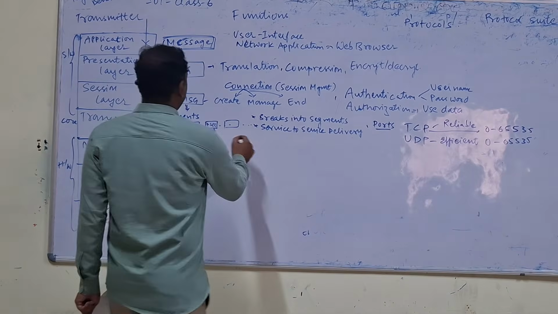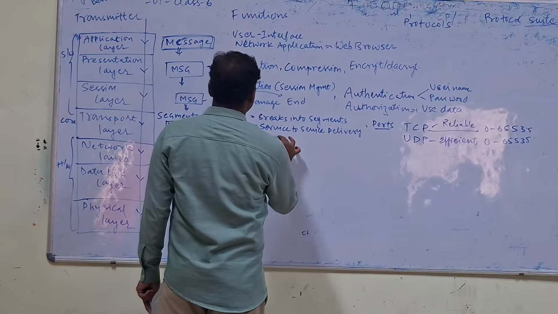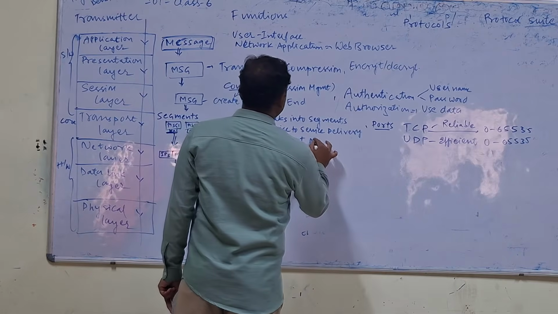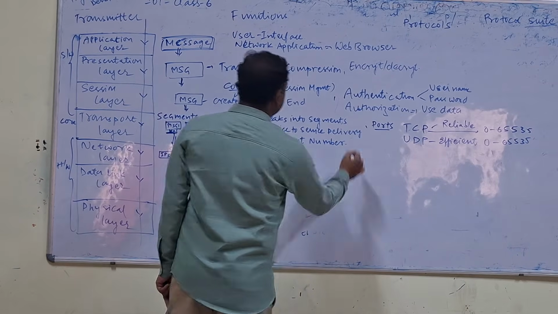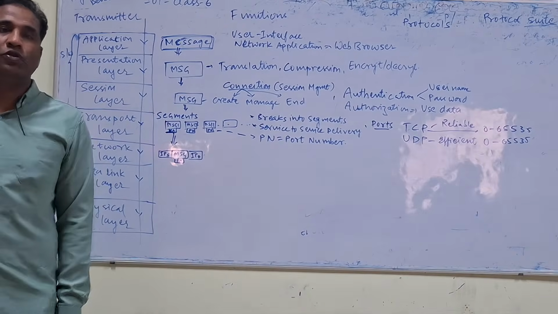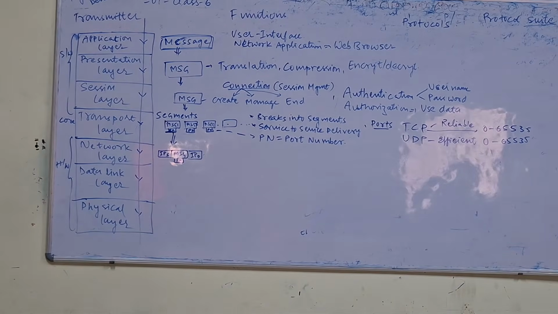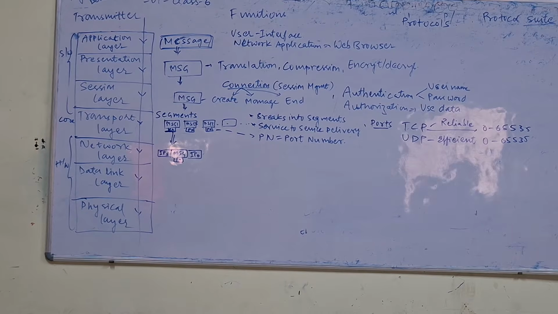PN means port number, you should remember. These are logical ports. Don't think that these are physical ports like your USB port or Ethernet port. It is not like that. These are logical ports.